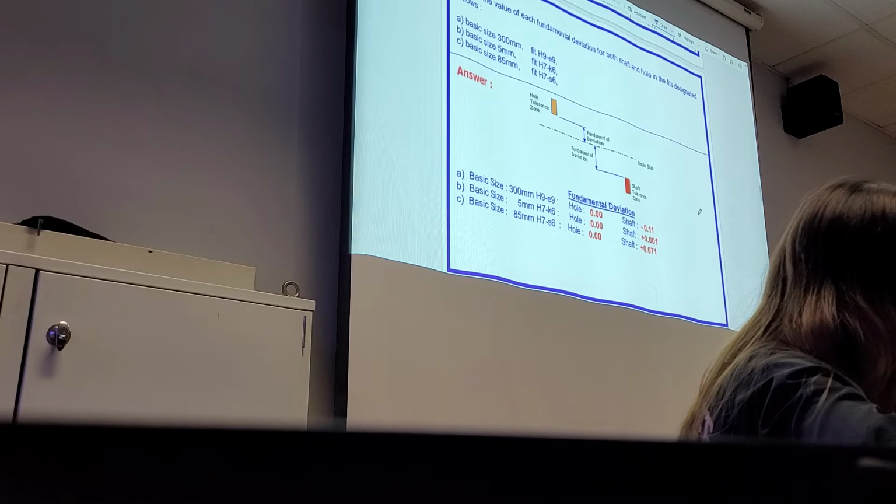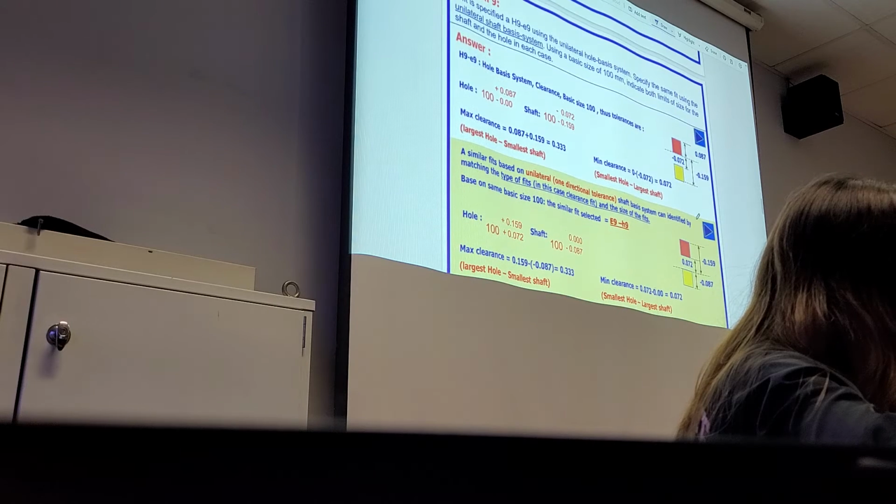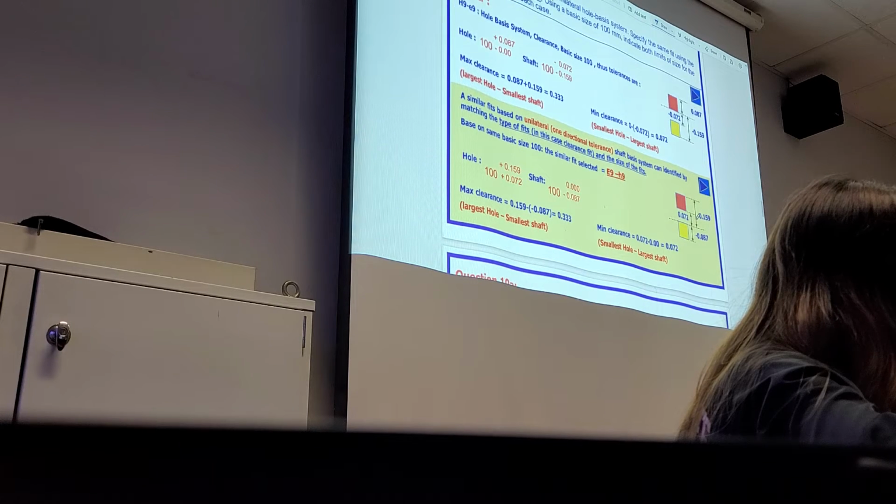Then it's a bonus. Okay, and these are the fundamental values. I think this one is just for information. This is not critical. And here, they mention our fitting is specified H9, E9. So the basic size is 100, given as 100.